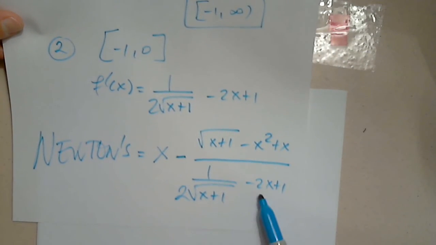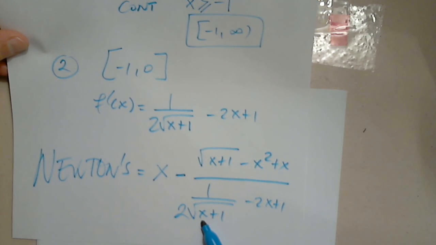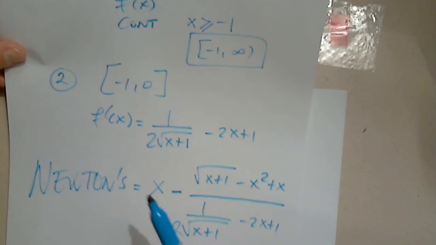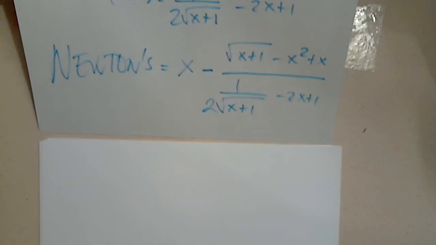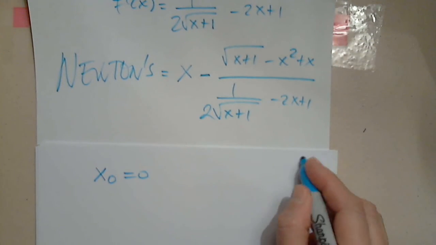If I start with 0, I'm fine. If I start with -1, I'm not fine. I can't start with -1. Careful. The derivative doesn't even exist. So I will say I choose x0 to be 0.